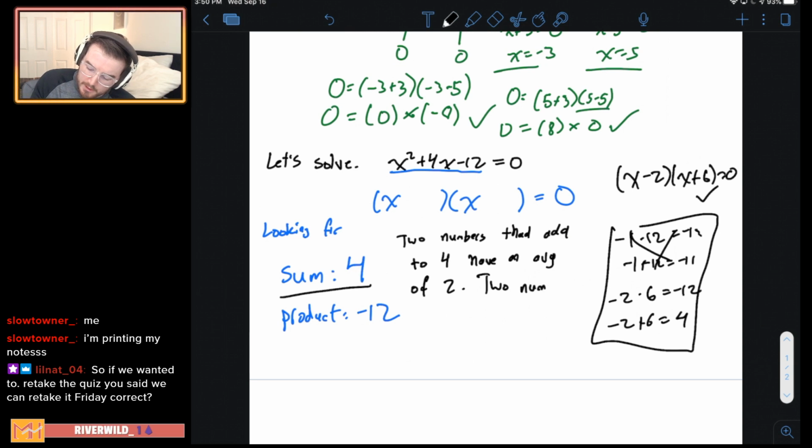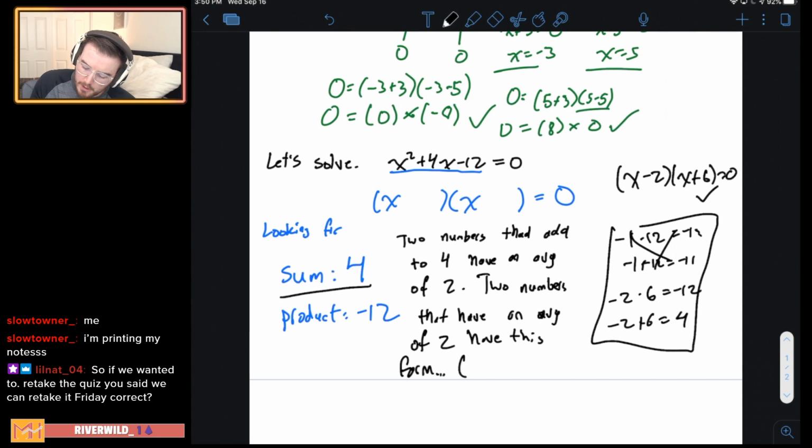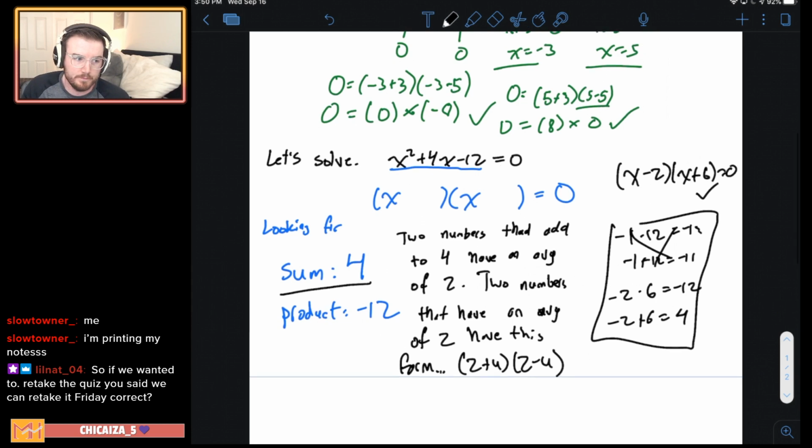Two numbers that have an average of 2 have this form: 2 plus u, 2 minus u.